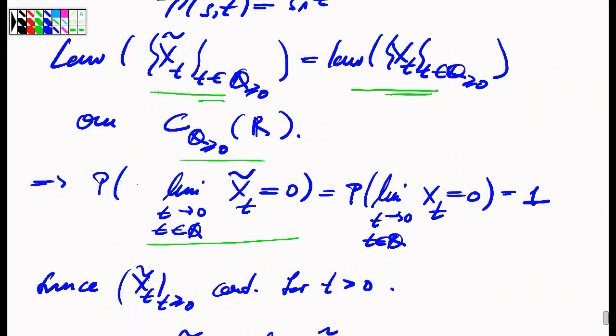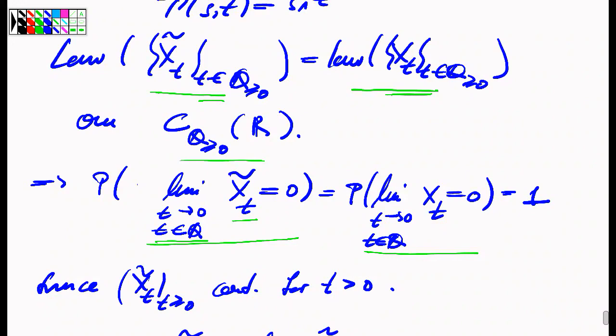for the event that the limit exists when we let t tend to 0 among all rational times can also be computed by asking the same question for the initial process x_t, because this effectively is a question about an event which is determined on the path space for all rational points.